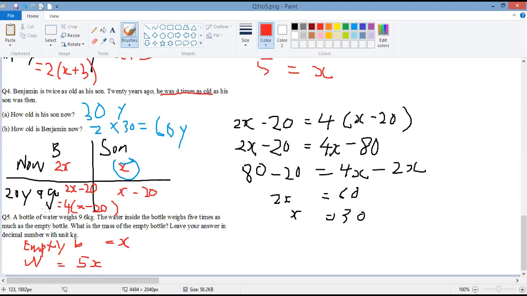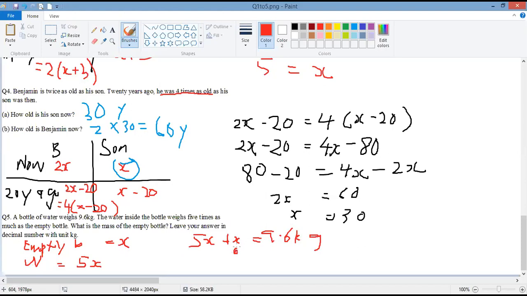So the total, go back to the first sentence: a bottle of water weighs 9.6 kilograms. So a bottle of water includes the empty bottle and the water. So you have to add the weight of the empty bottle and the water together. So you got 5x plus x. You add the 2 together equals to 9.6 kilograms.